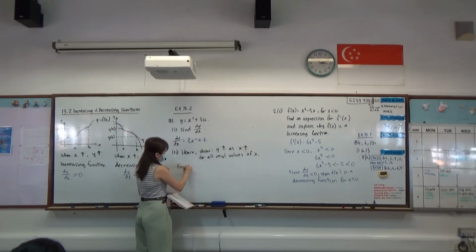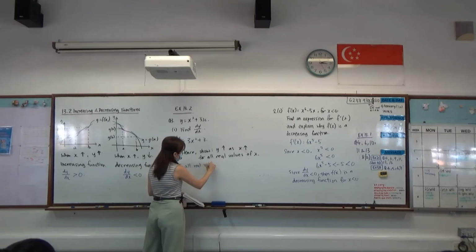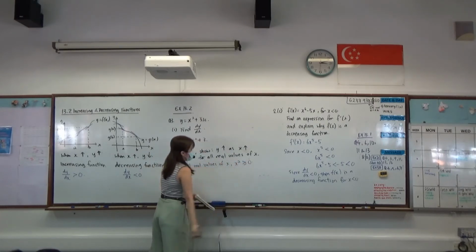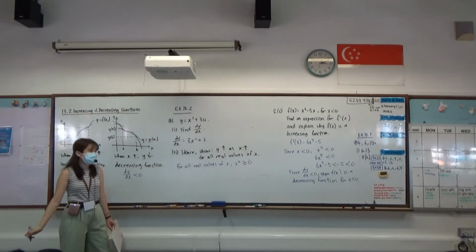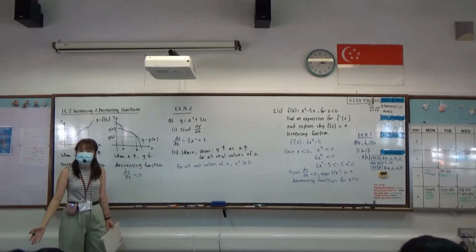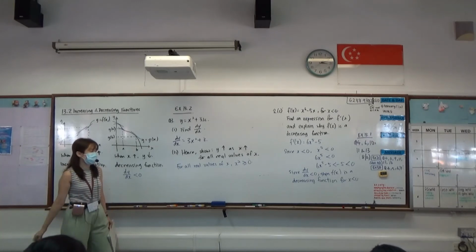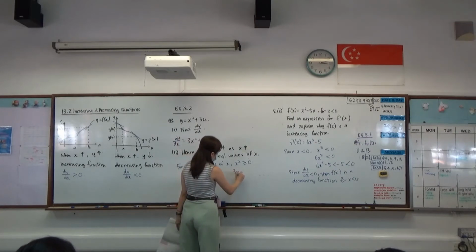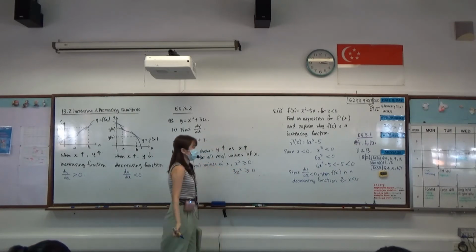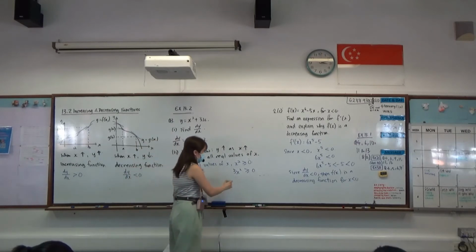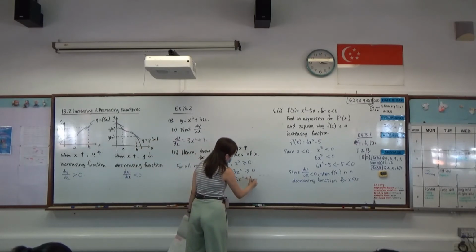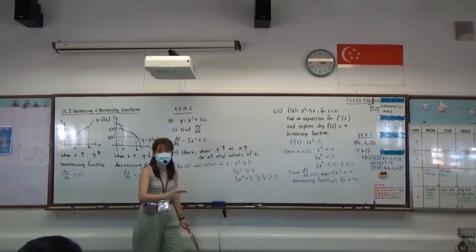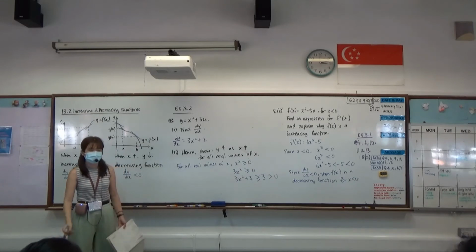I want to specify the or equal to. Don't miss out on that equal to. So because x squared is more than or equal to 0, 3x squared will be more than or equal to 0 as well. Therefore 3x squared plus 3 is more than or equal to 3, which is more than 0, and that's how we bring in the more than 0.